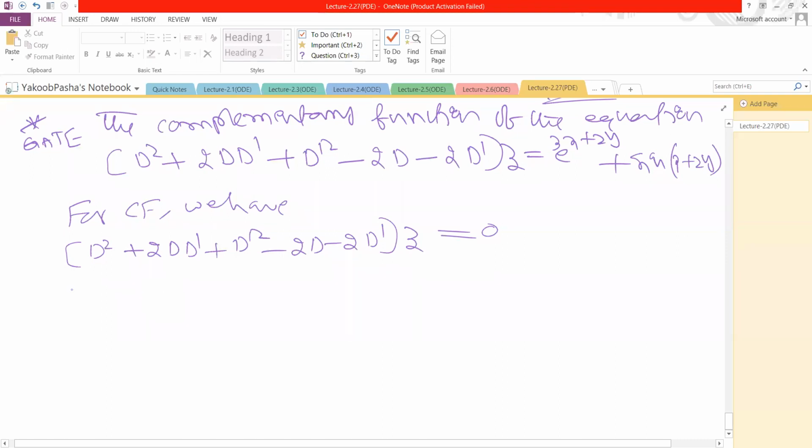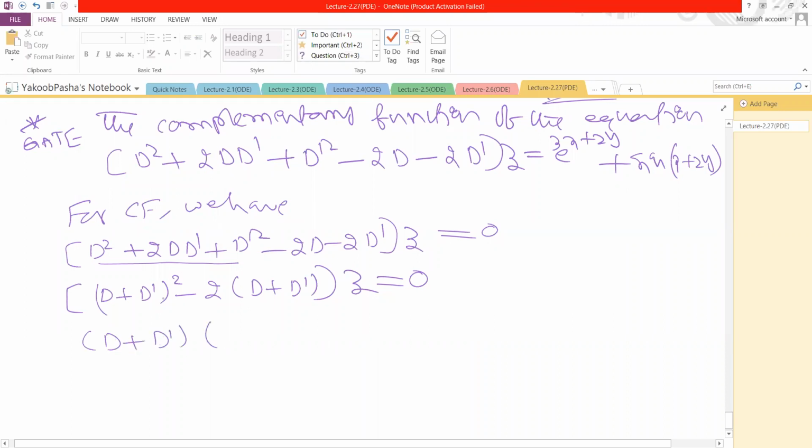Now first I am writing from here to here, (D plus D') whole square, and I am taking minus 2 common, (D plus D') of z equal to 0. We can take D plus D' as common.